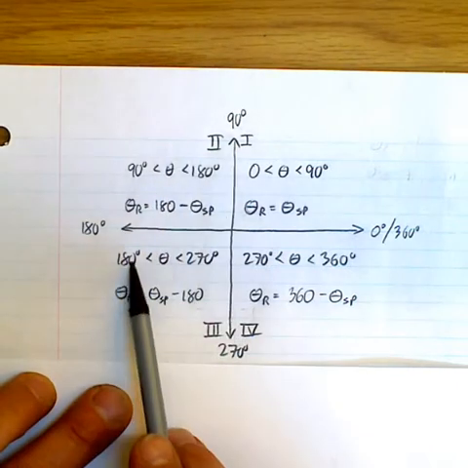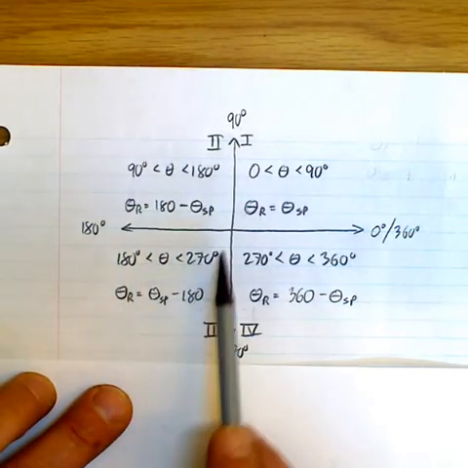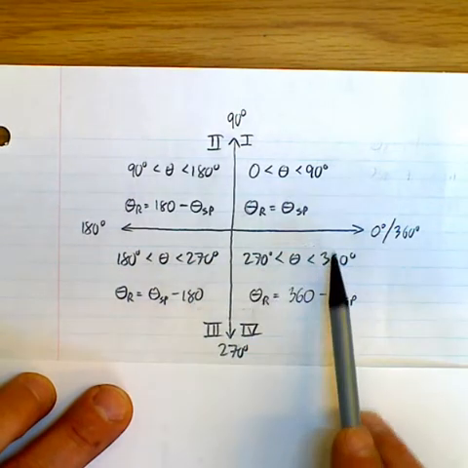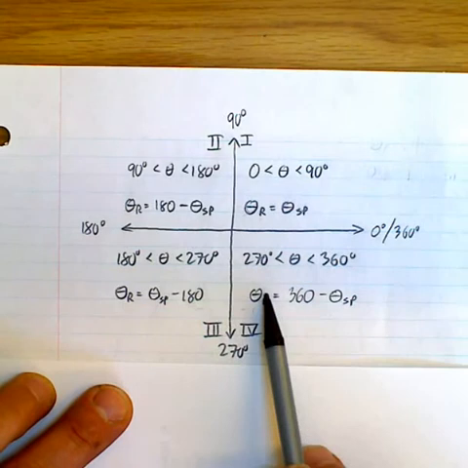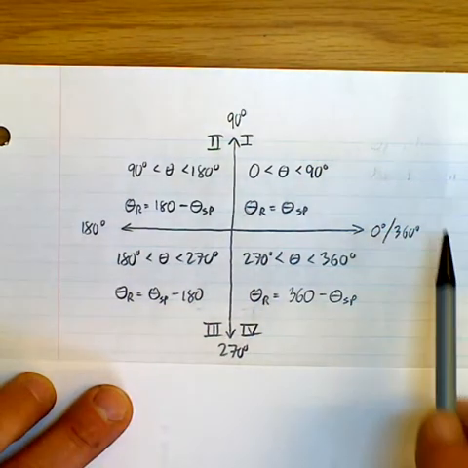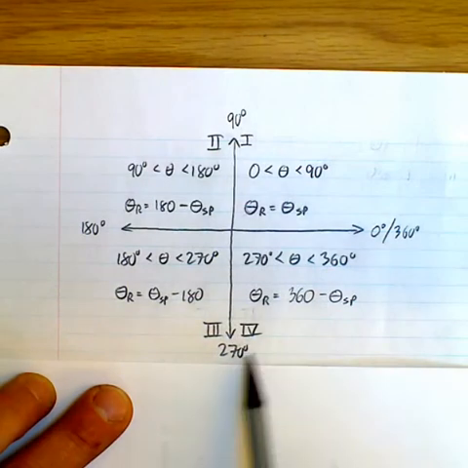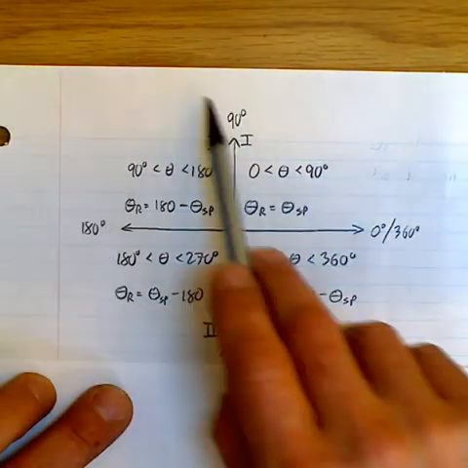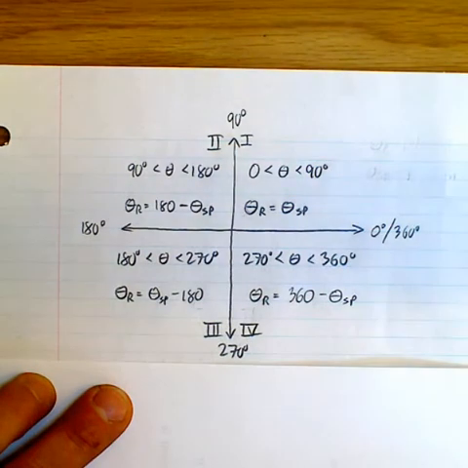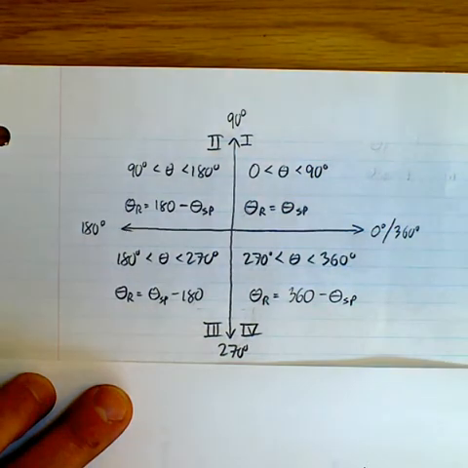Theta is between 180 and 270 in the 3rd quadrant. And theta is between 270 and 360 in the 4th quadrant. So 0, 90, 180, 270, 360. We could also go the other way around, call this negative 90, negative 180, negative 270, negative 360. But we deal primarily with positive angles.